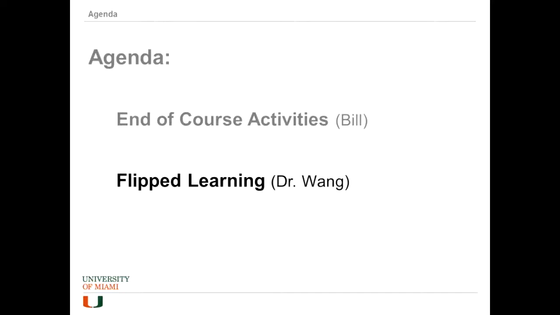And a more in-depth definition is that flipped learning is a pedagogical approach in which direct instruction moves from the group learning space, like what we usually do in the classroom, in the lecturing format, to the individual learning space.